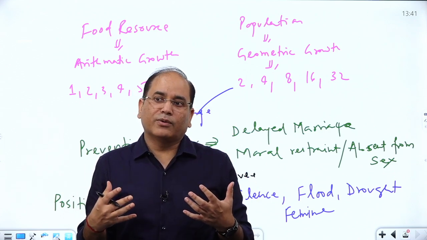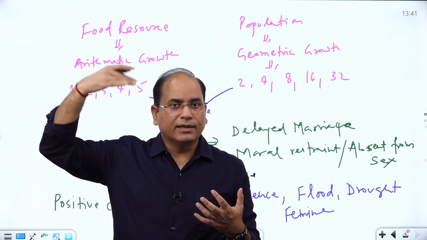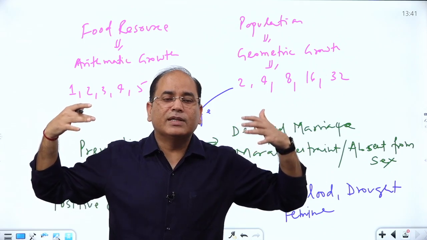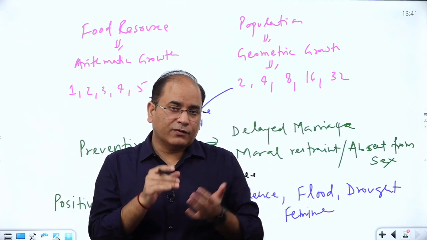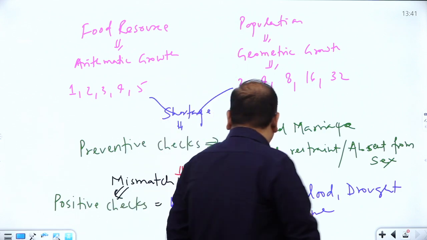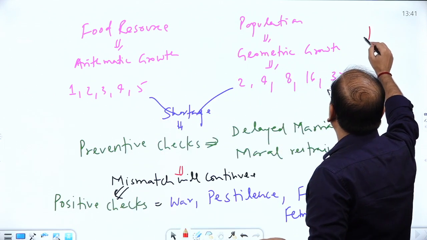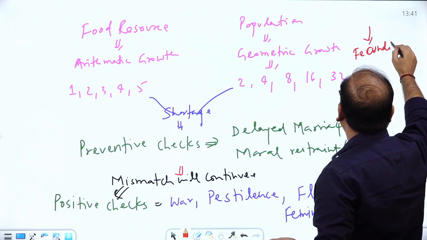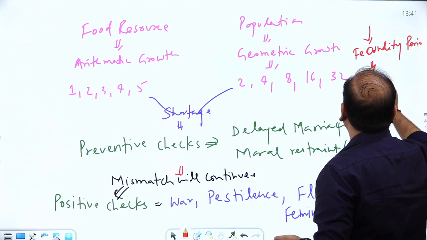When people are marrying at a very late age, like 30, 32, 35, the chances of having babies already decrease. Biologically, the fertile period, and demographically we use the term fecundity period, is around 15 to 49.